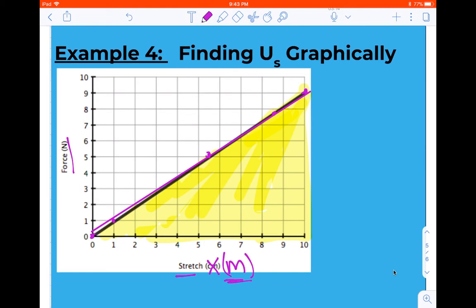We're going to take the area underneath that curve. So we know that the elastic potential energy will be equal to the area underneath a force versus stretch graph. Again, this shape here, if we draw a line with the x-axis, we have a right triangle. To find the area of the right triangle, we take 1/2 times the base times the height.